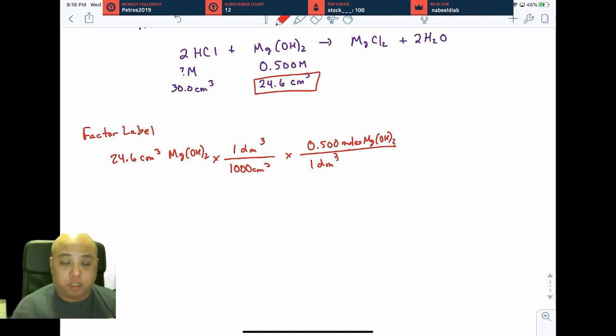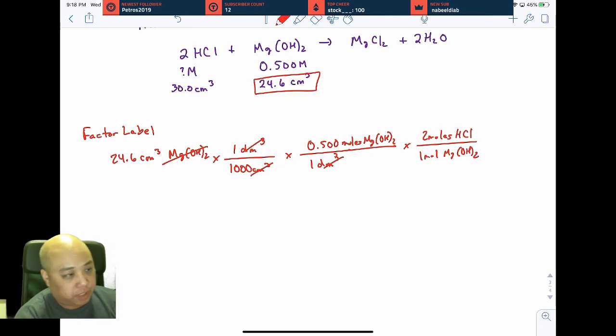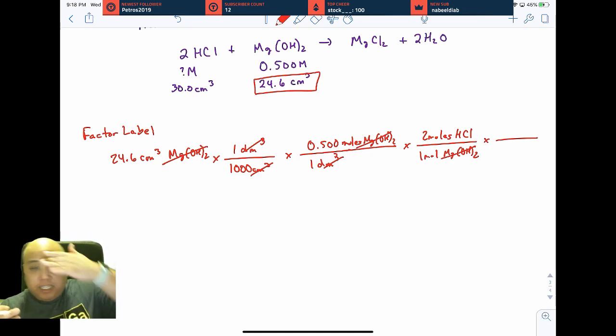Okay? And so now things are starting to cancel out. According to my equation, there is 1 mole of MgOH2 for every 2 moles of HCl. Now, that cancels, that cancels. Since I want molarity, I need moles over volume.